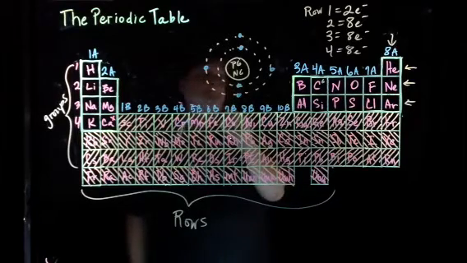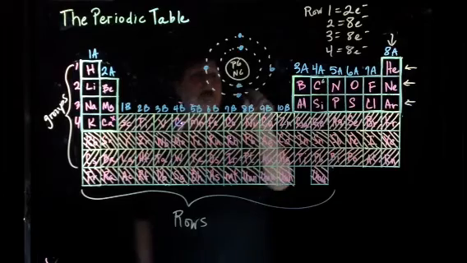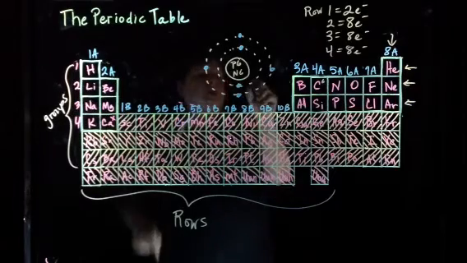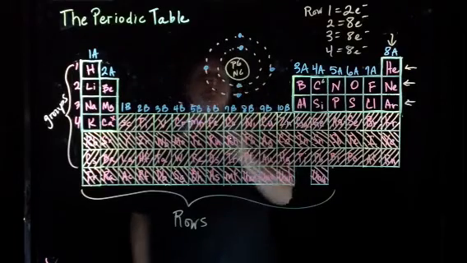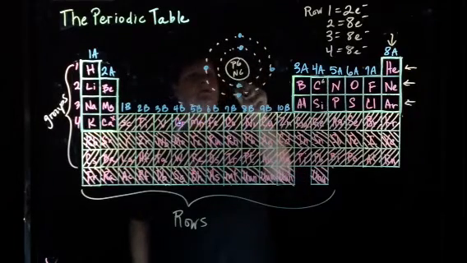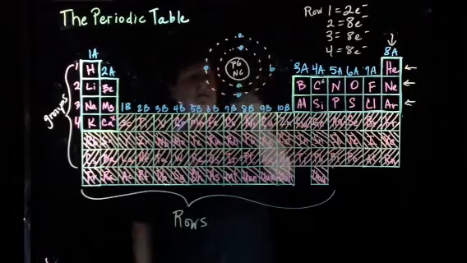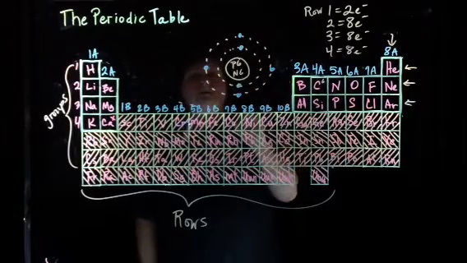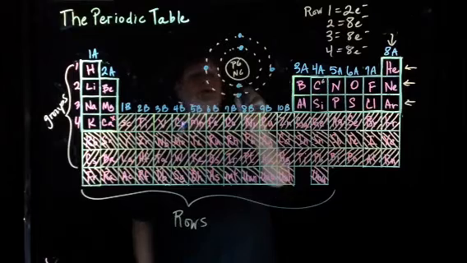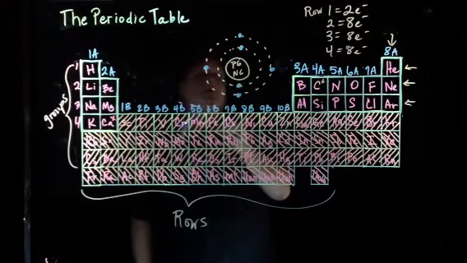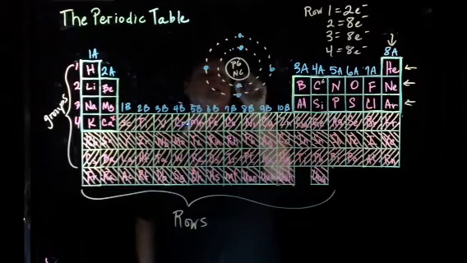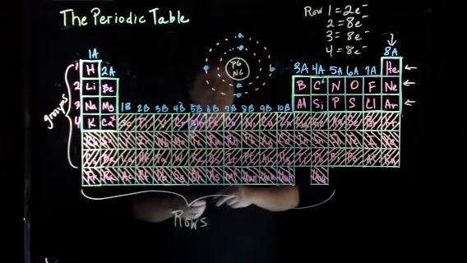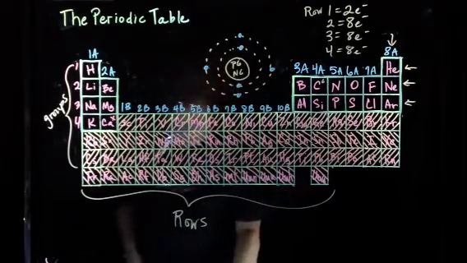So you'll see here that I have row 2, so I've got my 2 orbitals. I'm in column 4. I have my 4 valence electrons, and since my first orbital is full and my valence orbital is following the valence number of electrons, you'll see that I have 6 electrons in my carbon atom, which matches my 6 protons in the nucleus of my carbon atom. Let's do one more.